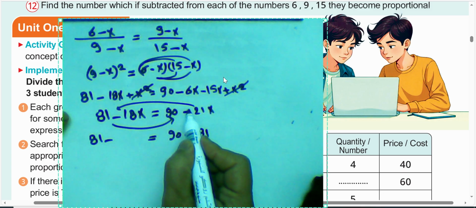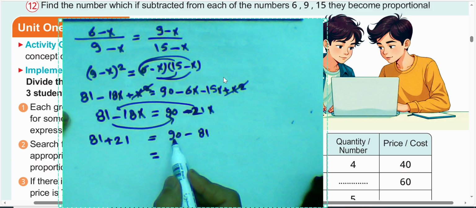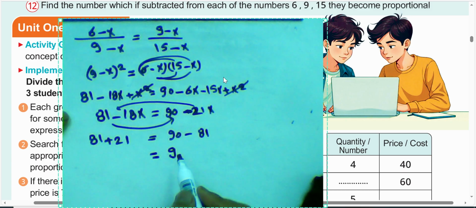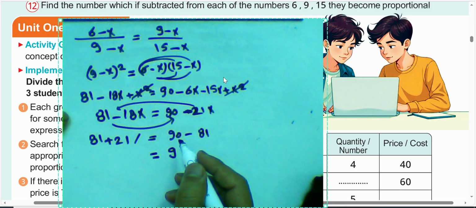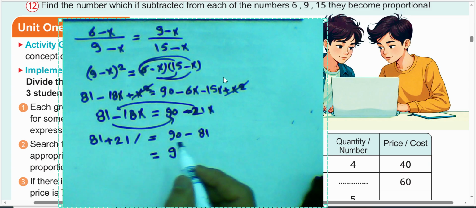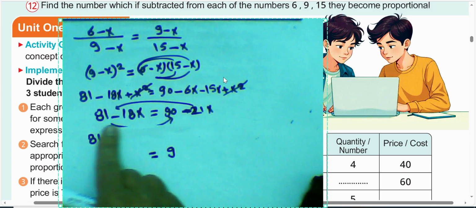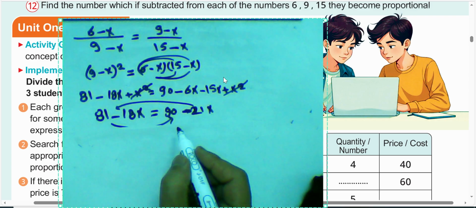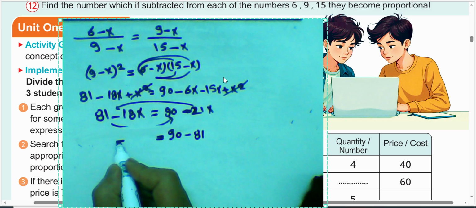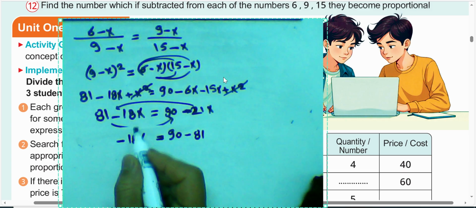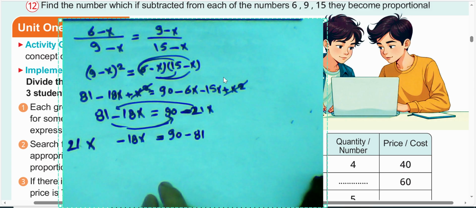81 plus it will be moved from negative to positive, okay? It will be positive 21. 90 minus 81 equal 9, and we have here negative 18x, and positive 21x.